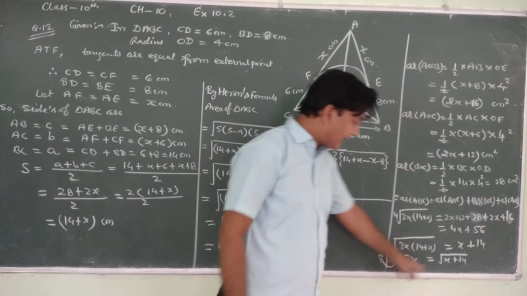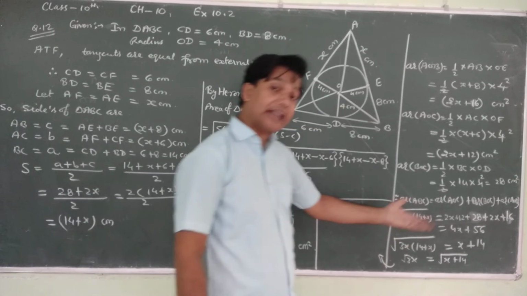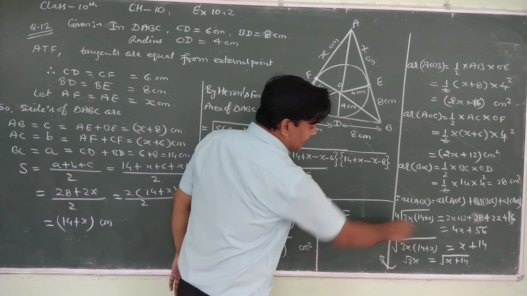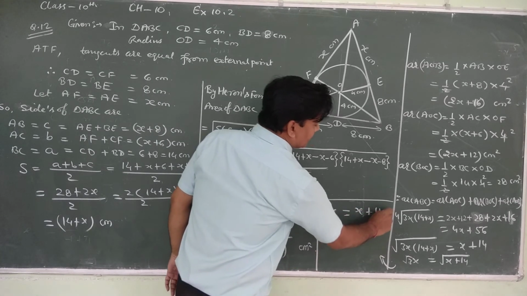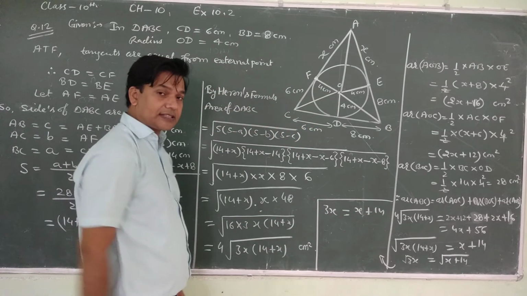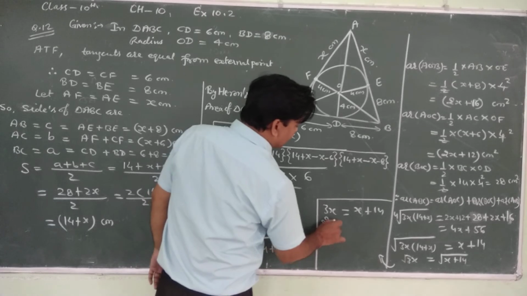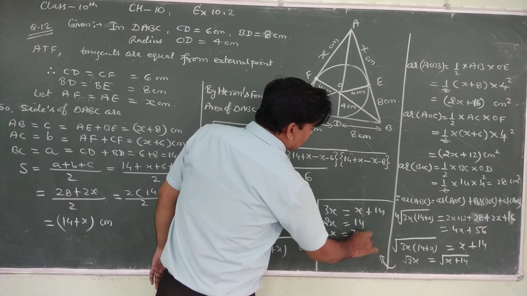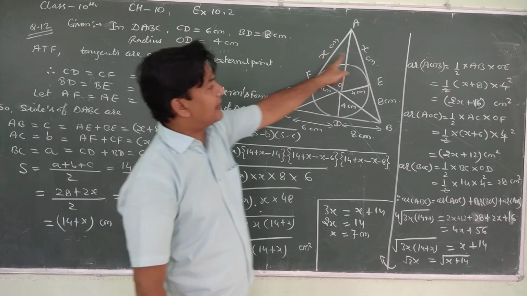If we square these two, then square of this one is 3x and square of that one is x plus 14. Taking x to the LHS side, the remaining part is 2x, which is 14. So x is 7. The value of x is 7 here.